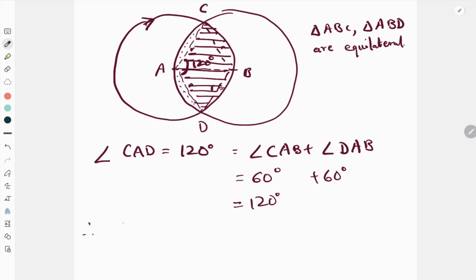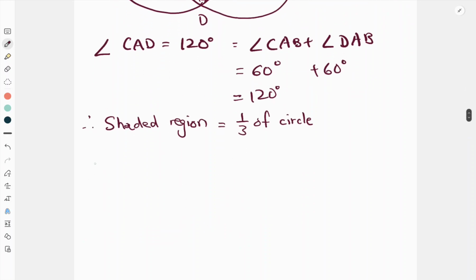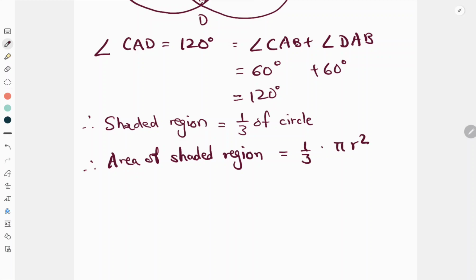So this shaded region is basically 1/3 of the circle. The full circle is 360 degrees, and now I have a region that is 1/3 of the circle. So the area of the shaded region is 1/3 times the area of the circle, which is pi r square.